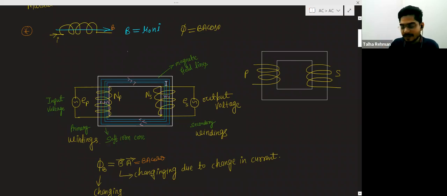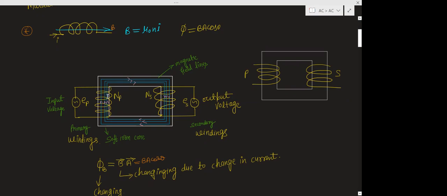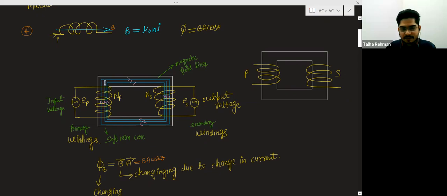And why is there a magnetic field? Because there is a current in the primary winding, and due to the current there is a magnetic field along the axial direction. These magnetic field lines are guided like this by the soft iron core. Now there is one point here. The current is changing because it is alternating current.